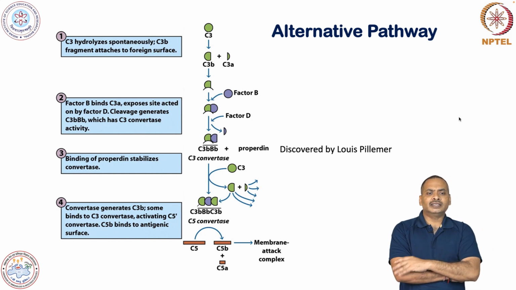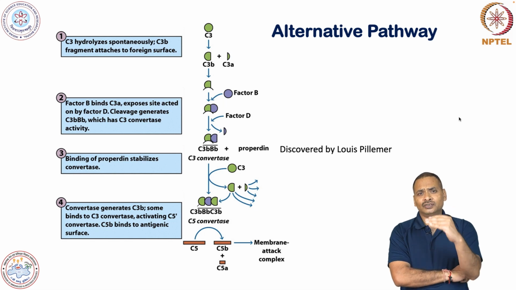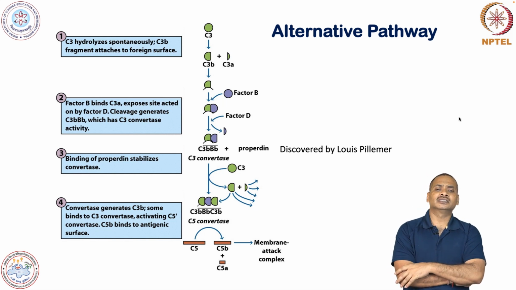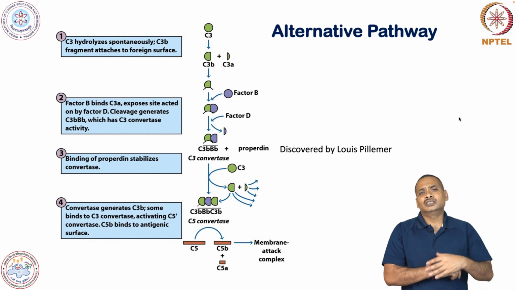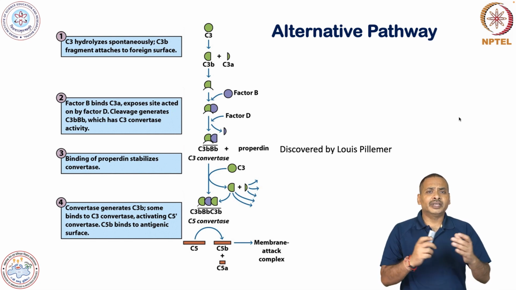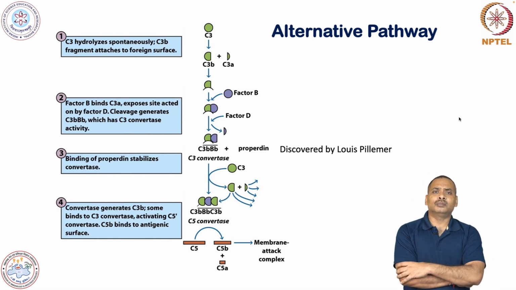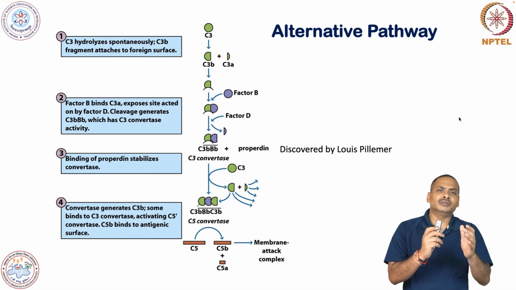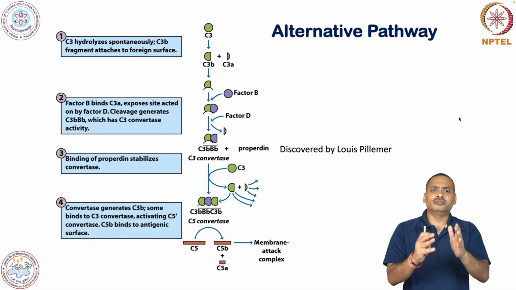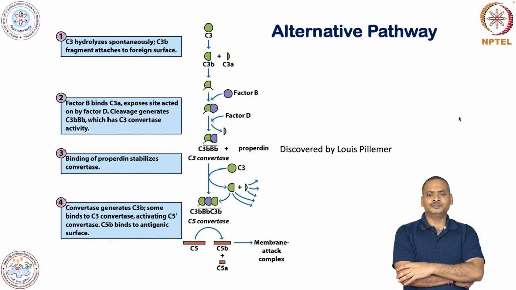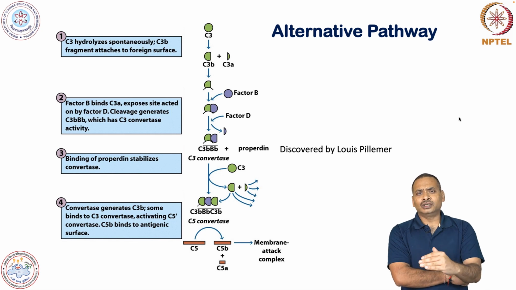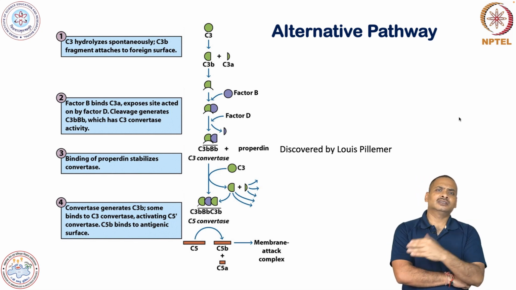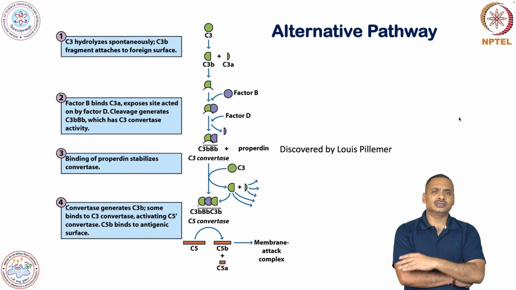Okay, and this C5 convertase activity is needed for the generation of the membrane attack complex. There are several molecules involved in formation of the membrane attack complex. Okay, so this I will not discuss. I have discussed it in the classical pathway, so it is not needed.